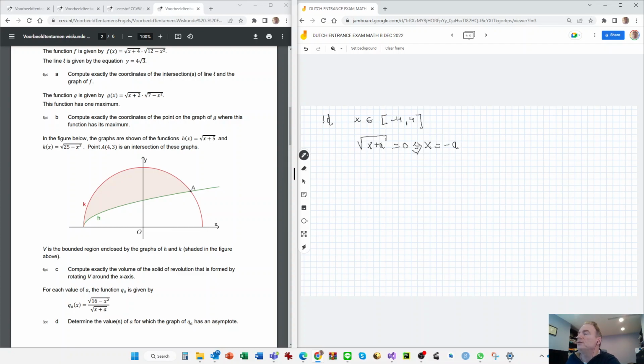So you would say then that when x is equal to minus a, it has a vertical asymptote, but we need to be a little bit careful.